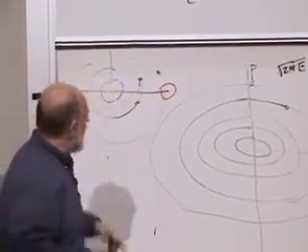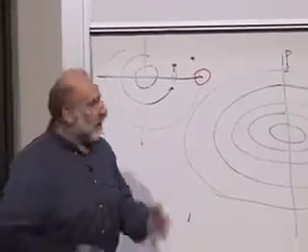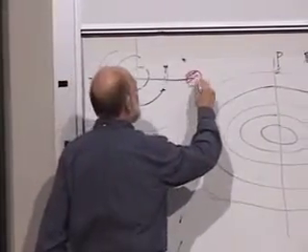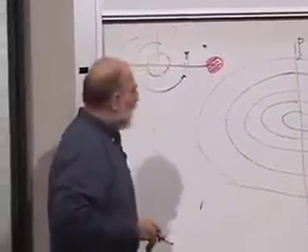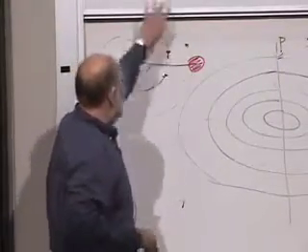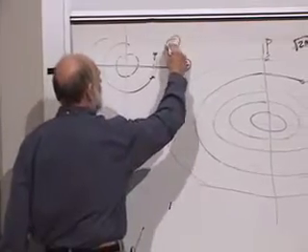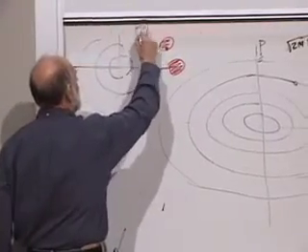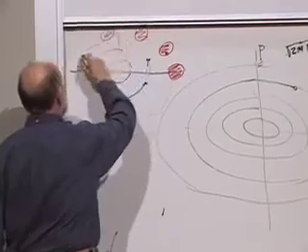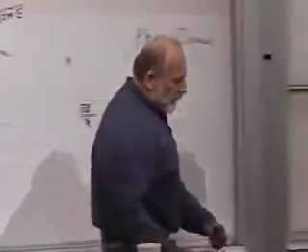This patch could stand for your uncertainty in the knowledge of where you begin. You know that you begin somewhere in here, and that's all you know. What happens to it? It just moves around and around and around, but the most important thing is that it preserves its area. Area in phase space is preserved with time. I'm going to come back to that.